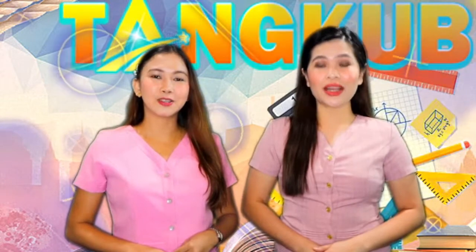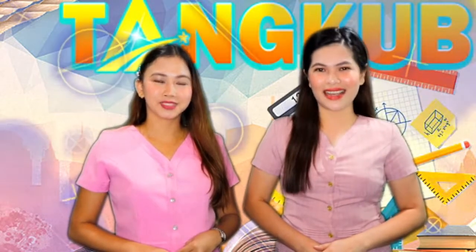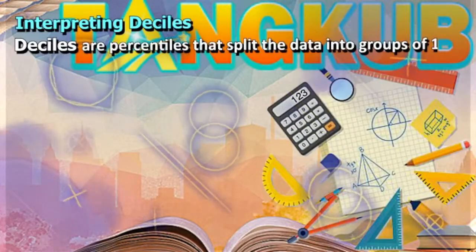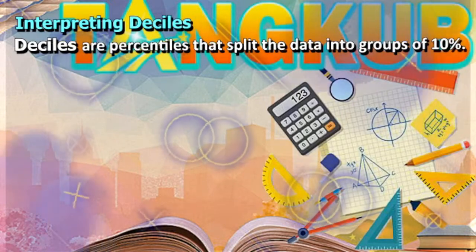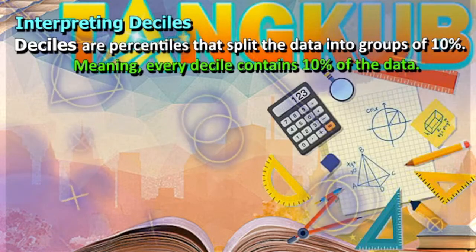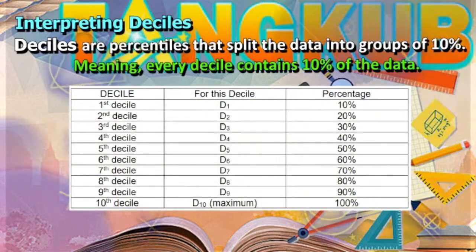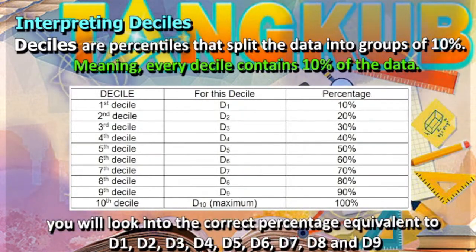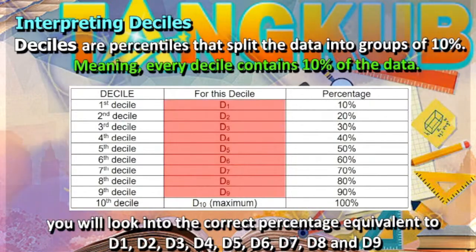Now, let us proceed to the next measure of position, the deciles. Now, let us interpret deciles. Deciles are percentiles that split the data into groups of 10%, meaning every decile contains 10% of the data. Here is how deciles are illustrated. In interpreting deciles, you will look into the correct percentage equivalent to first decile, second decile, third decile, fourth decile, fifth decile, sixth decile, seventh decile, 8th decile, and 9th decile.